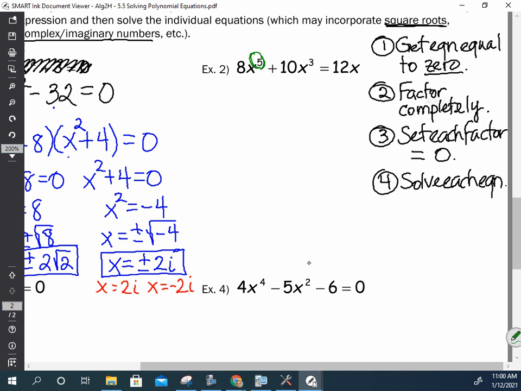So I need to try to solve this. So what do I need to do first? 8x to the 5th plus 10x to the 3rd minus 12x equals 0.